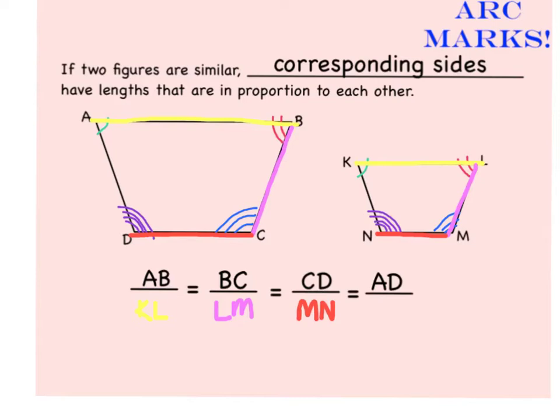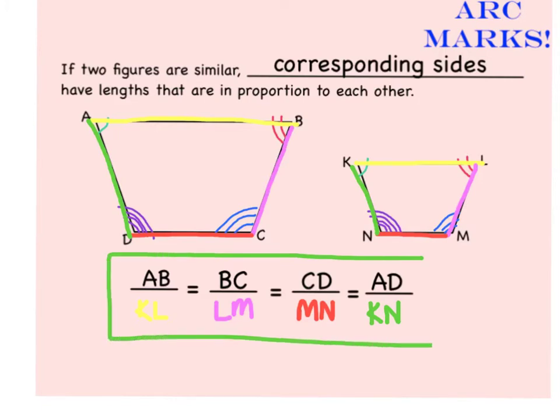And last but not least, side AD, and I'm starting at A and going towards D. I need to follow that same pattern in my small figure, so I'm going to start at the top at K and go to N and I need to list it that way in my statement. Okay, so this right here is called a proportion statement about similar figures. All their sides are in proportion to each other.